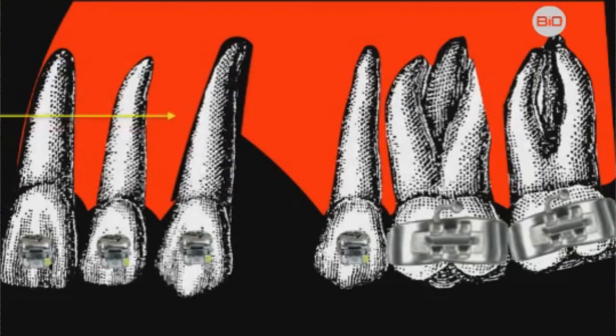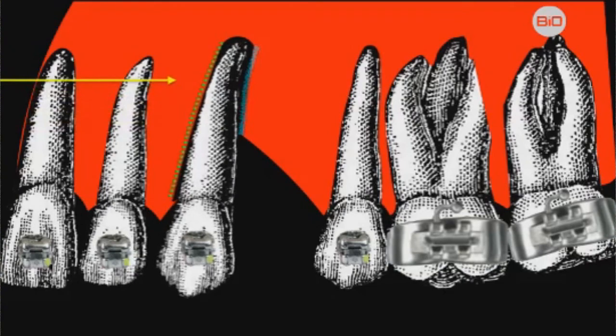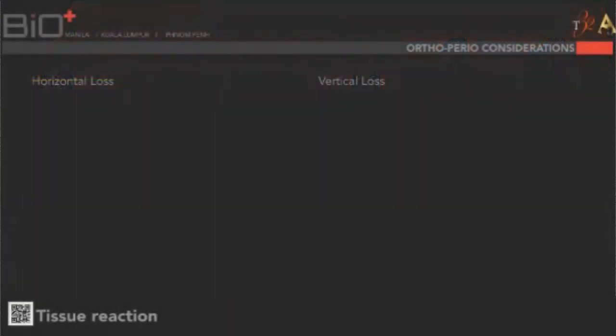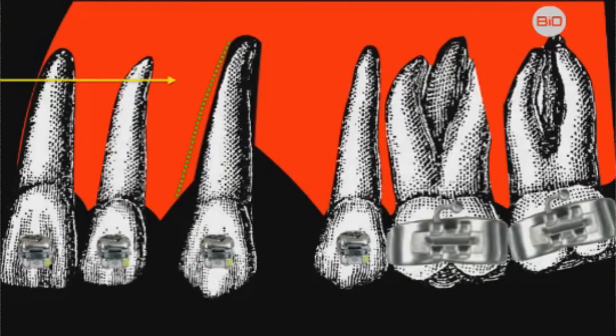Because when you're applying your line of action now, you have to apply it higher so that it moves accordingly to the type of movement that you want. So you always have to check for your bone support in order for you to know how high you need to put your force. Okay?